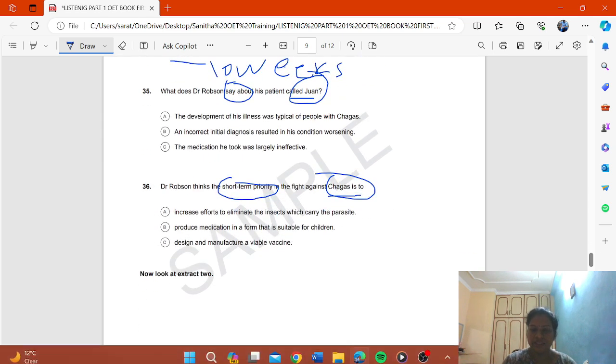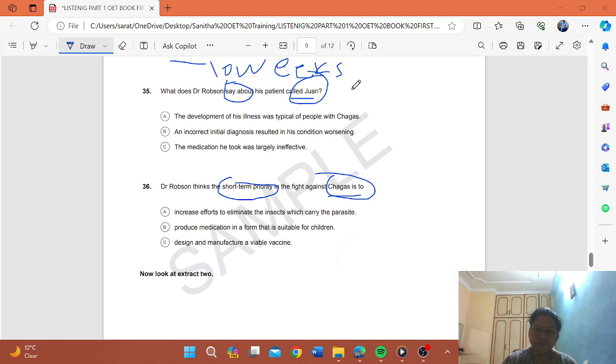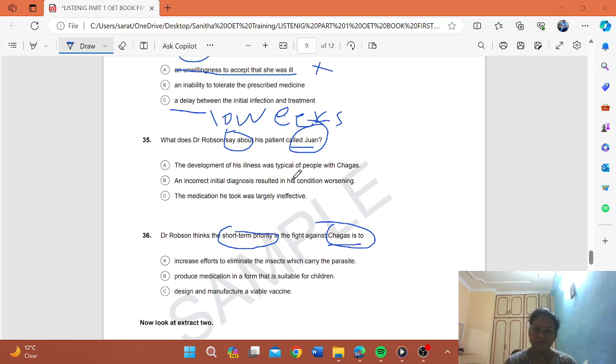Then come to the next question. I have a 62-year-old patient called Juan. 8 years ago, he was diagnosed with dilated cardiomyopathy, and Chagas was also detected in him. If he'd been tested for Chagas earlier in his life, his long-term prospects would have been better. A year after the diagnosis, Juan was found to have type 2 diabetes.